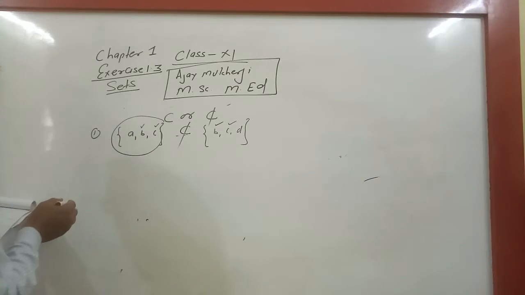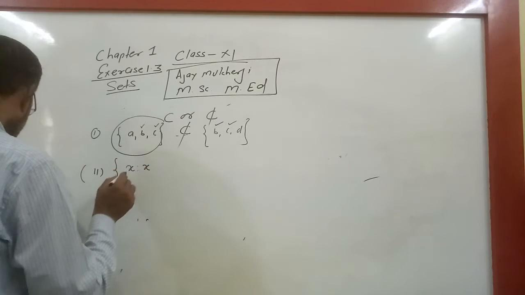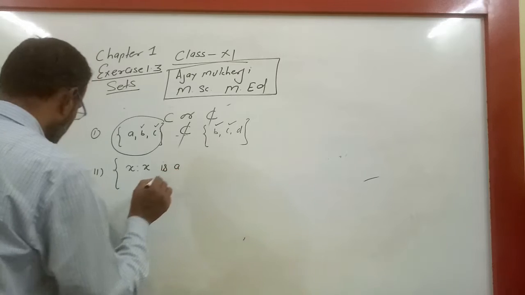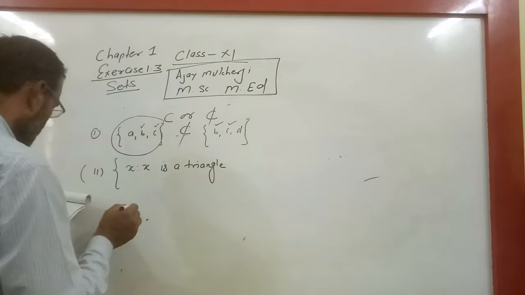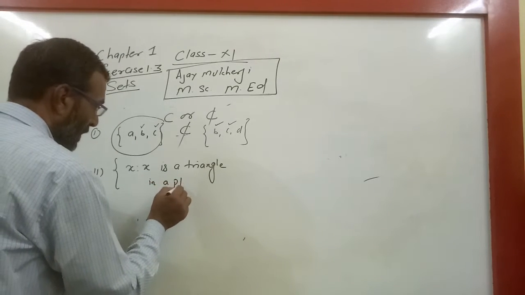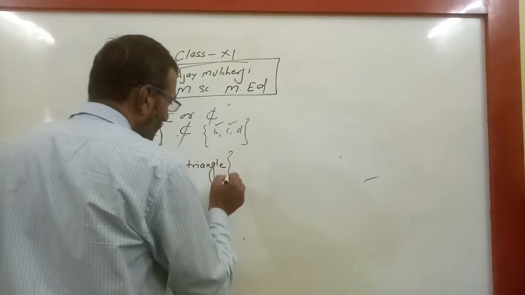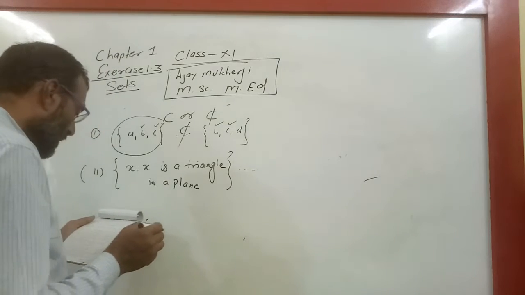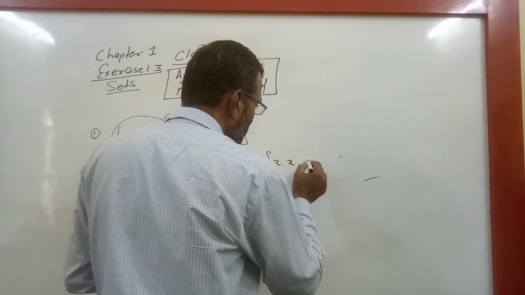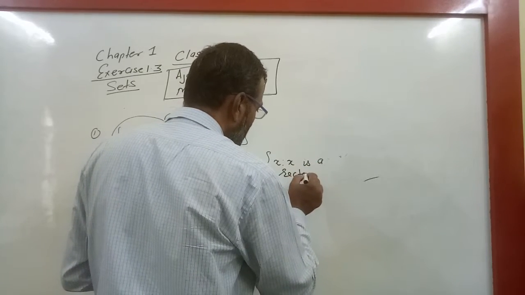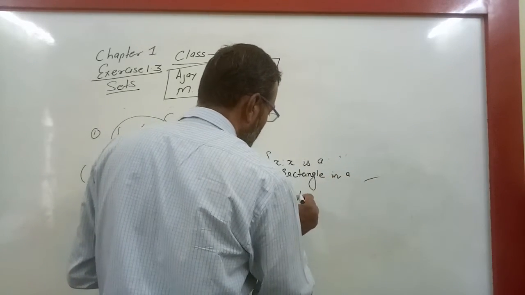And one more question I write down here. Second one: A equals {x : x is a triangle in a plane}, and B equals {x : x is a rectangle in the plane}.